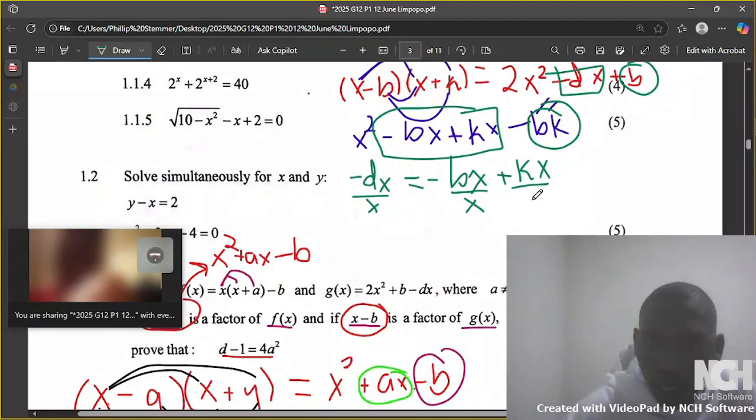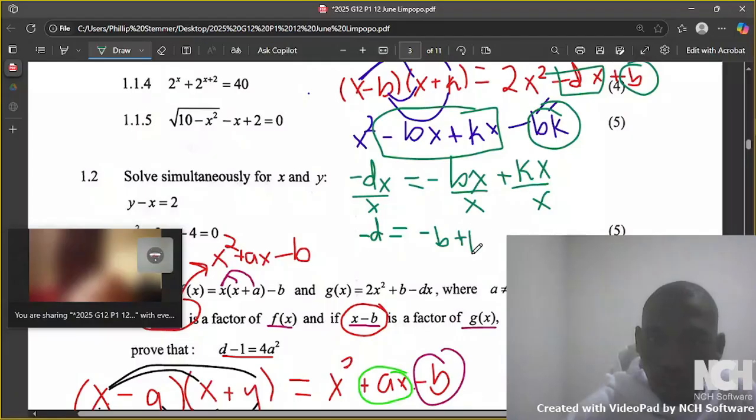Divide by x. Then the x disappears. Then positive over negative plus k.